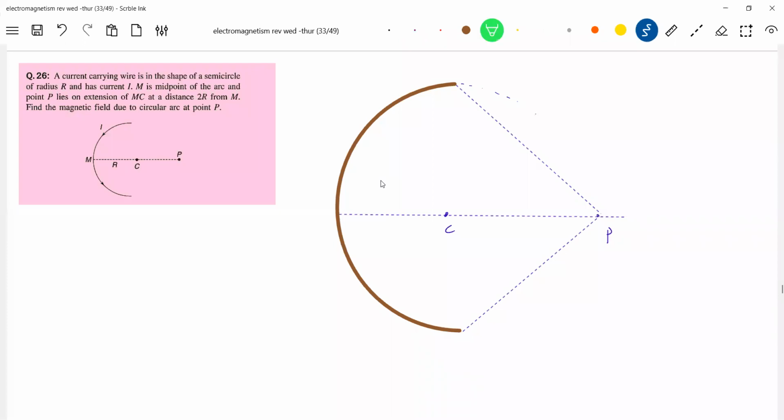Okay, let me assume two symmetric elements. So let this be theta. If this is theta, this should be theta by 2.